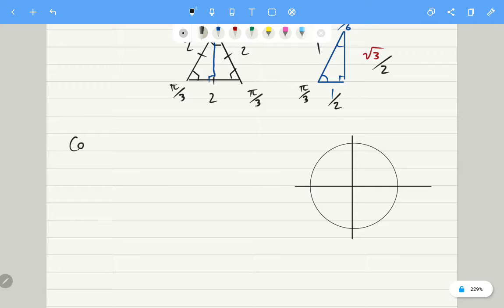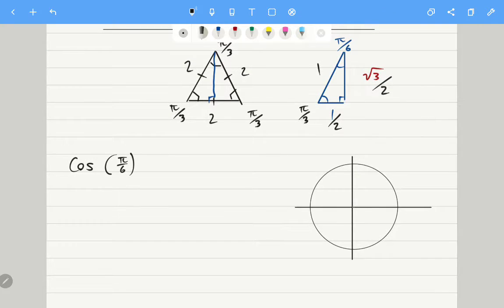So let's imagine I want to know cos pi on 6. Well, pi on 6 as an angle is about there. I often find it useful when doing sixths and thirds to break it down into sixths. So it'd be over to there.